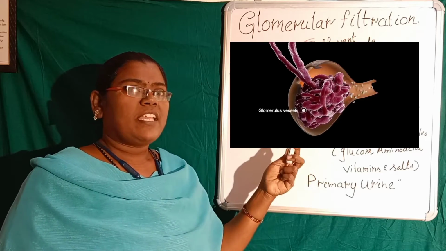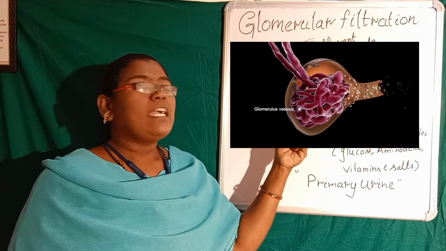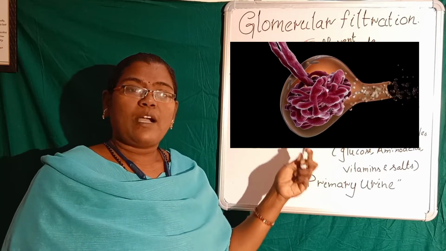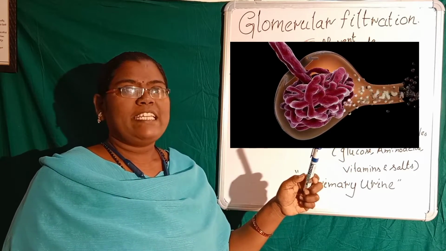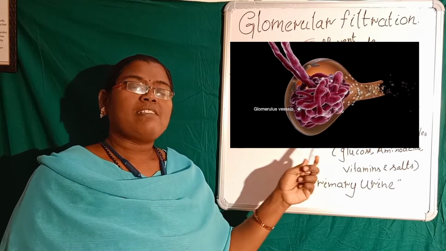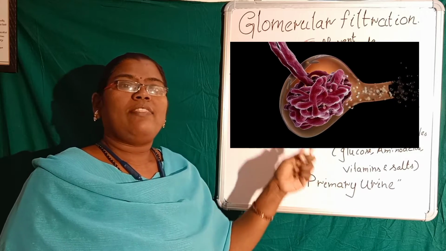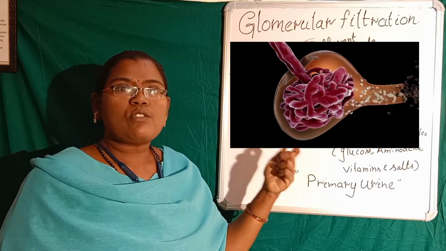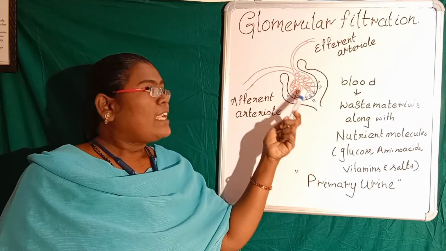In this filtration, the waste materials come out from the blood. Along with the waste materials, nutrient molecules like glucose, amino acids, vitamins, salts, all the useful materials also come out.